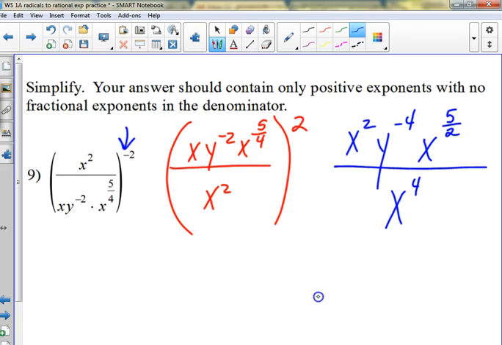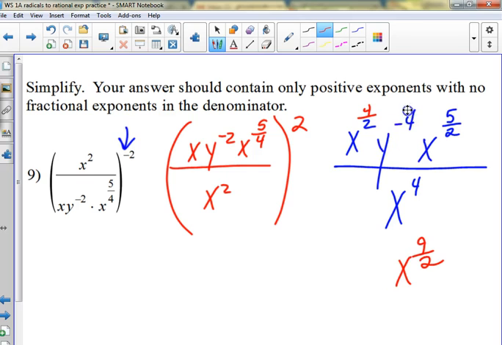What do you want to do next? Adding, subtracting, add the top x's, okay? So what's 2 plus 5/2? Yes, this would be 4/2 is the same as 2, so we get 9/2 up there.